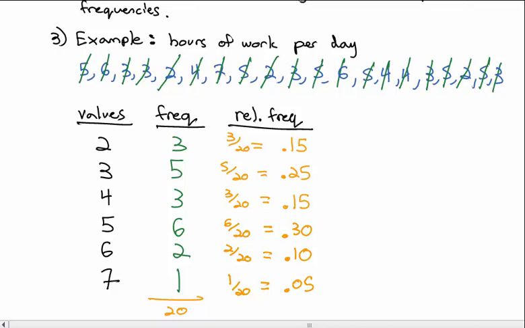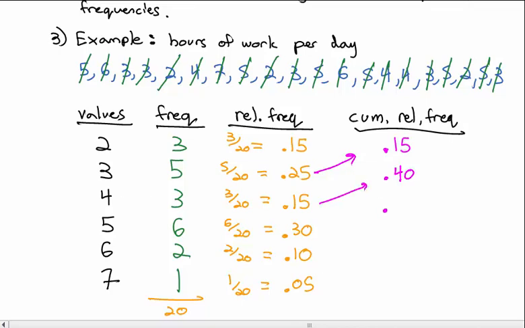Now, if we're interested in also the cumulative relative frequency, we're just going to add up everything as it goes down. So first, the value of 2, there was 0.15, or 15%. 3 or less would be 0.25 plus 0.15, which is equal to 0.40. 40% had 3 or less. 4 or less would be 0.15 plus 0.40 is 0.55.